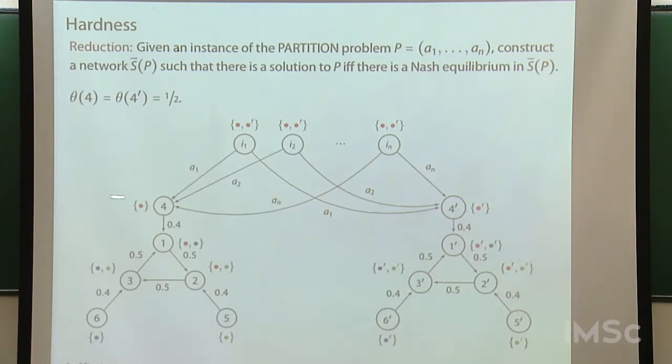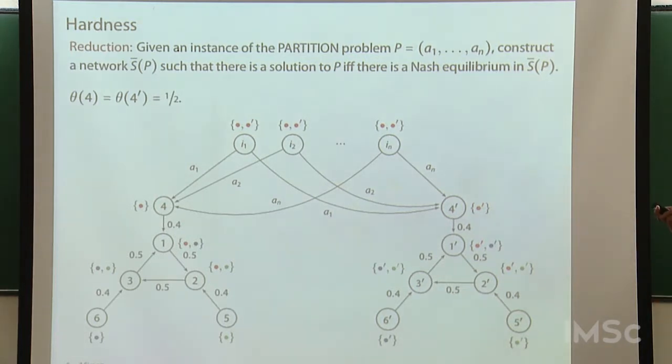The payoff for adopting the product red is 0, which means that T0 is also a best response, because T0 also gives you 0. Therefore, this network will have a Nash equilibrium. Conversely, suppose the partition problem does not have a solution. Then there is at least one part where the weight will be strictly more than half. That particular network will not have a Nash equilibrium because T0 is not a best response. Okay, so that's the idea.